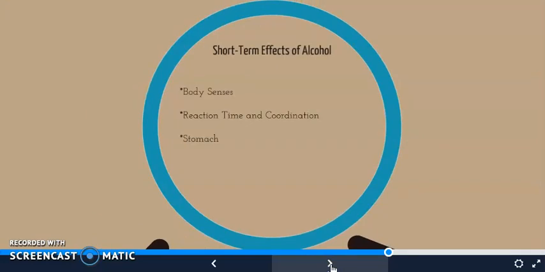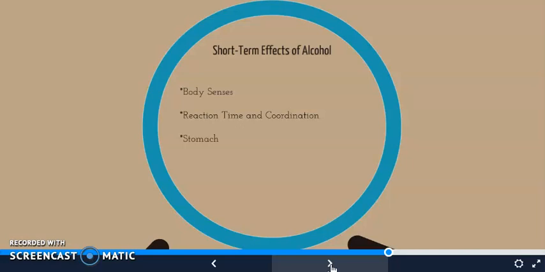Drinking alcohol has both short-term and long-term effects. Short-term effects are mind and body changes that occur whenever a person drinks alcohol. Long-term effects are mind and body changes from heavy or chronic drinking that last even after alcohol leaves the body. Body senses.